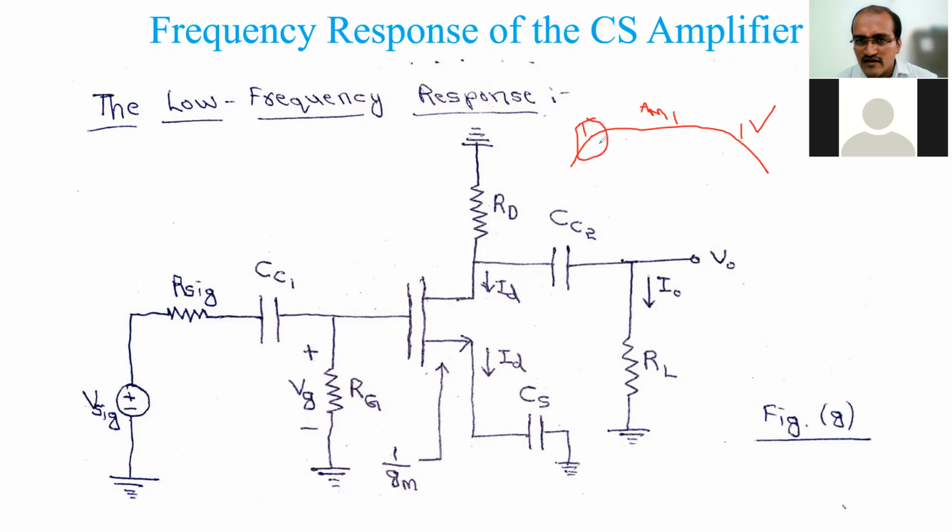Why does this curve happen? As I mentioned, it is because of the coupling capacitors in your amplifier circuit, at the input as well as the output, along with the bypass capacitor. They are there in your common source amplifier circuit. I am trying to explain today how these capacitors affect the frequency response, analyze it, and derive FL, the low frequency.